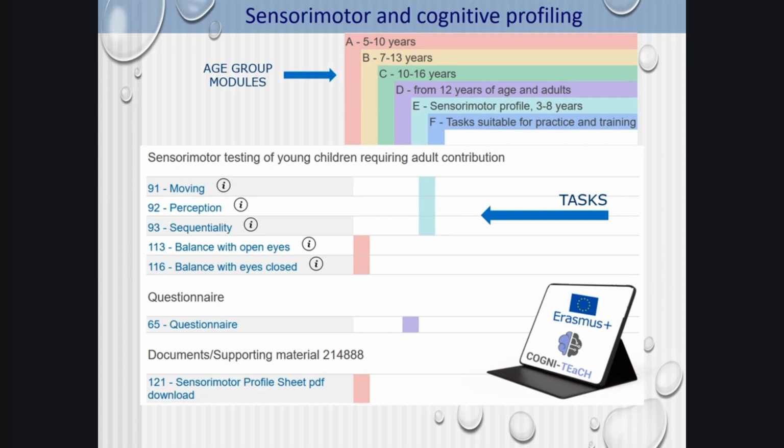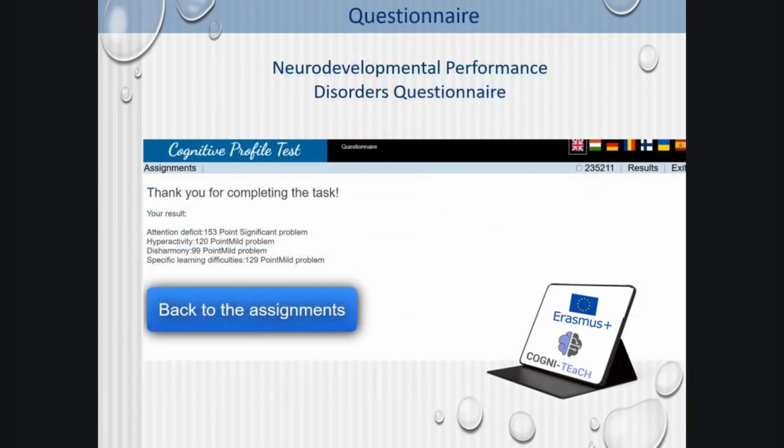The questionnaire designed for adults can be used from the age of 12. The Neurology-Based Performance Disorder Questionnaire comprehensively examines neuroatypical development in teenagers and adults. The test subject must determine the extent to which they find 35 statements applicable to themselves. The results indicate levels of learning disorders, attention deficits, and hyperactivity.